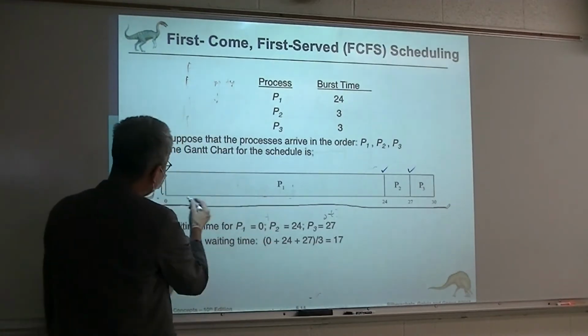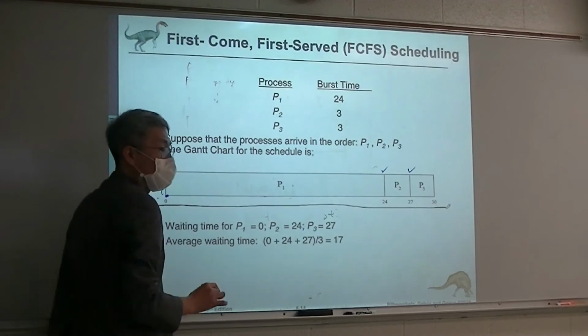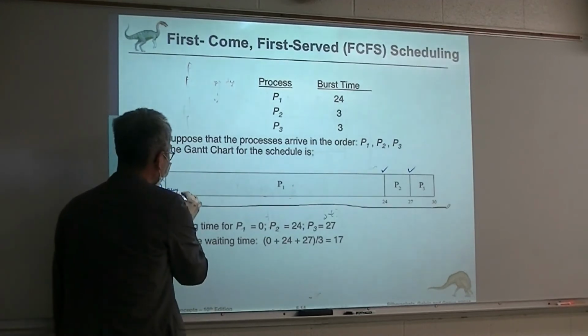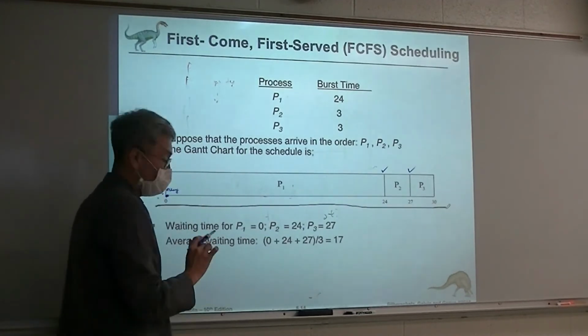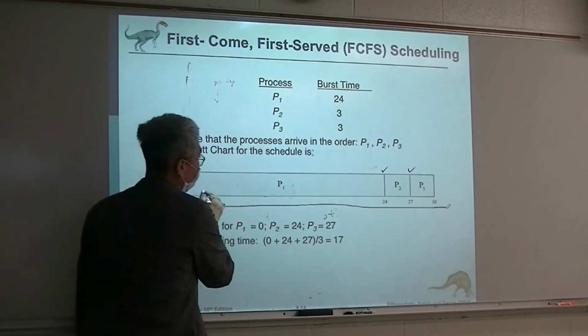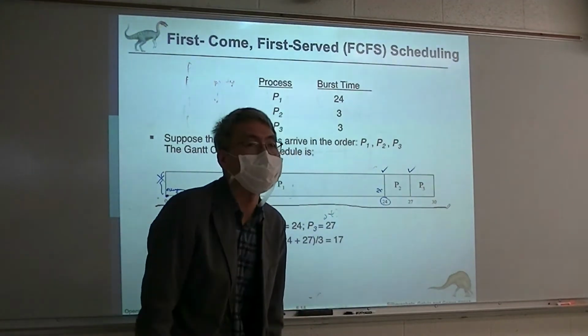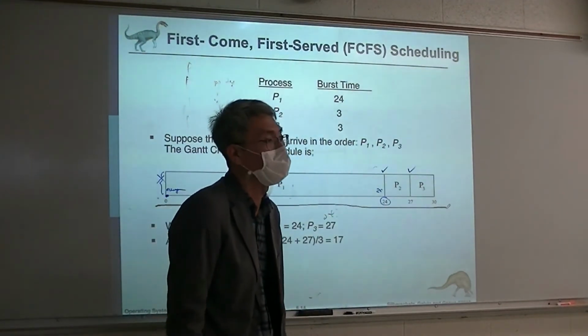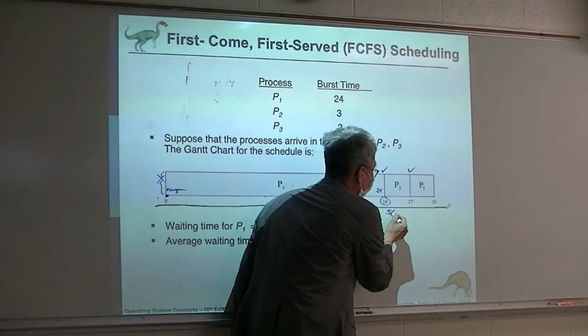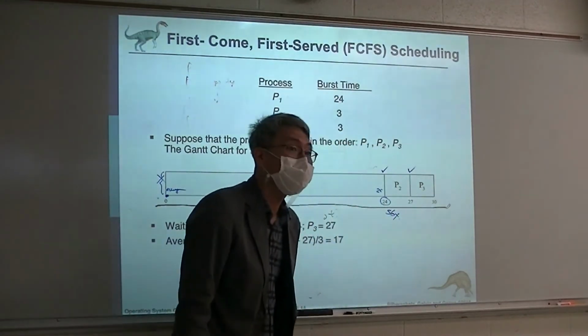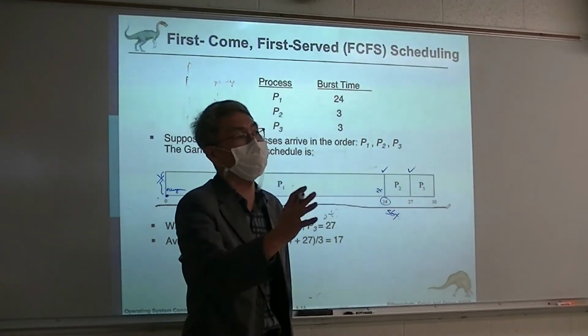So this one means P1 starts here. Start means running, selected from the ready queue. Then running 24. There's no specific unit of time. I'm going to say this is a slot. But usually CPU time is at the millisecond level.